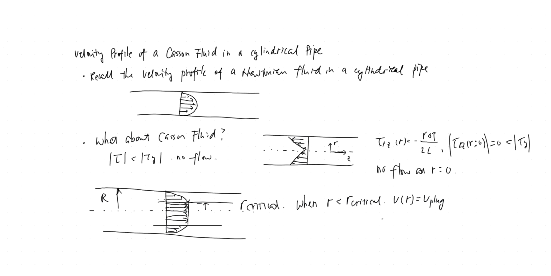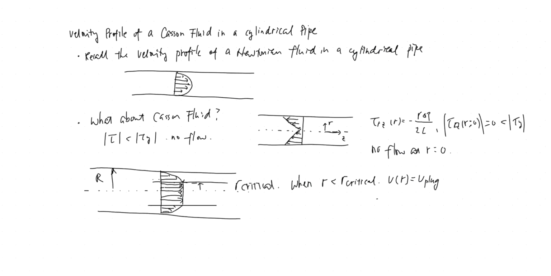And when R is larger than R critical, you start to develop fluid flow. The V plug means for the fluid along this region from 0 to R critical, it behaves like a solid.